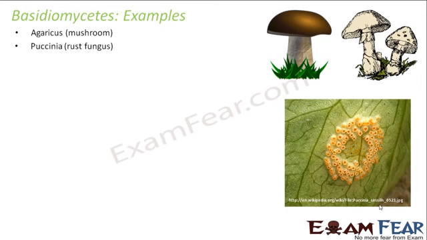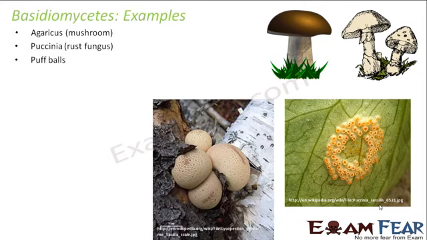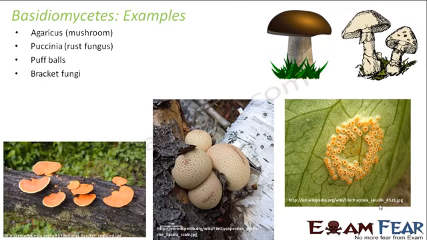If you observe them closely and see structures like this, you can say that they are nothing but rust fungus. Puffballs, which look somewhat like this. Bracket fungi, which are generally seen on wooden tree logs. So these are some of the examples of basidiomycetes.